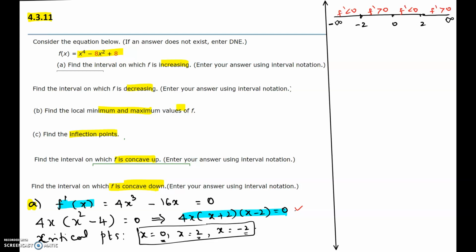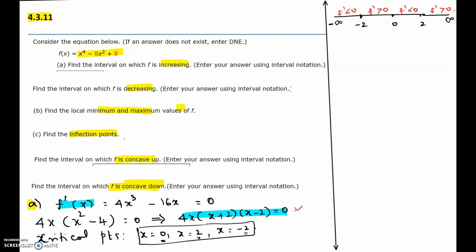In order to verify the sign of f prime, you take the derivative, 4x times x plus 2 times x minus 2, plug in the test values of each interval into this f prime of x and see the sign. So we get these signs here.